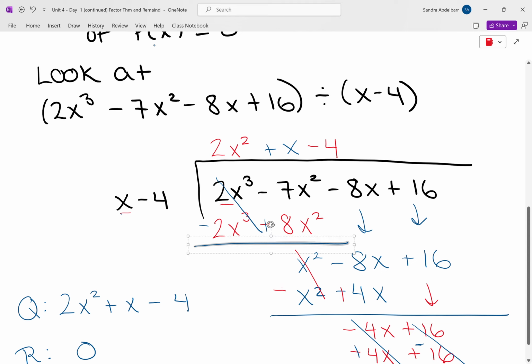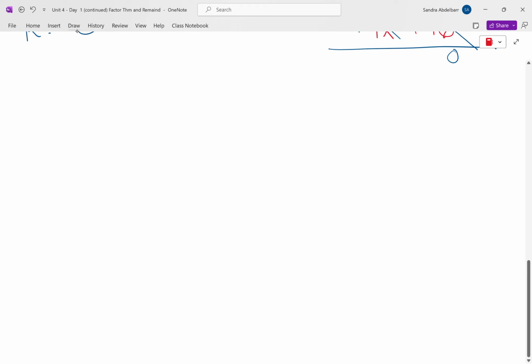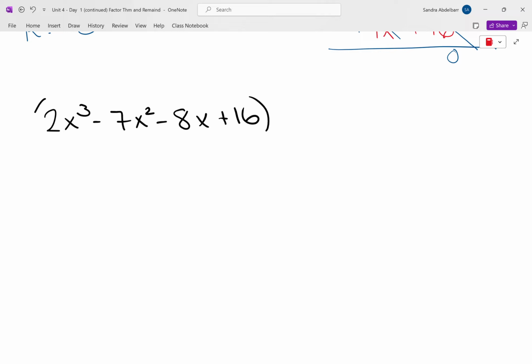So this was long division. Once again, I'm going to take 2x cubed minus 7x squared minus 8x plus 16 and divide it by x minus 4, but this time I want to use synthetic division.